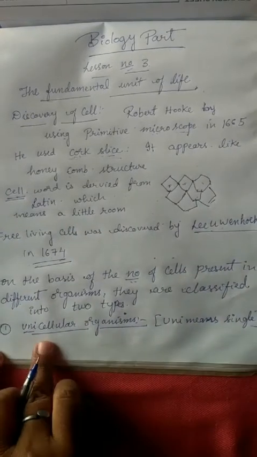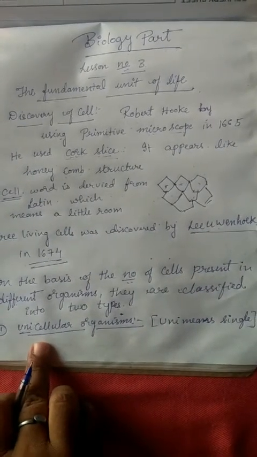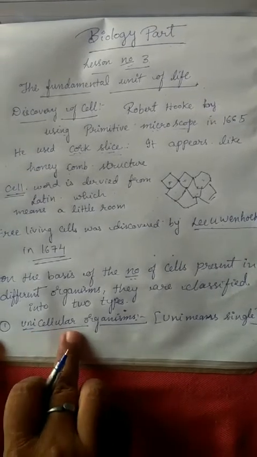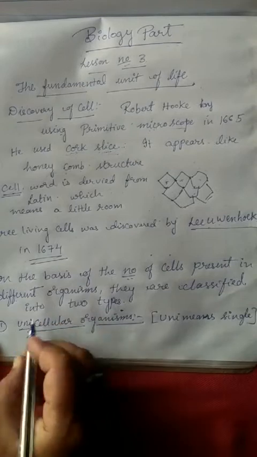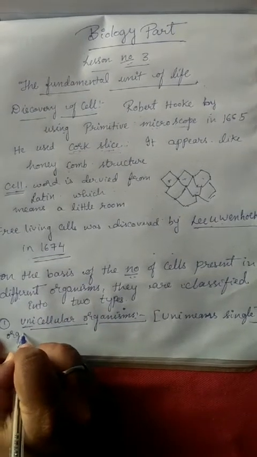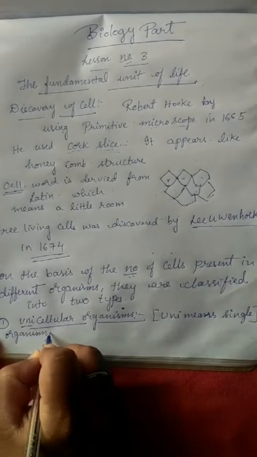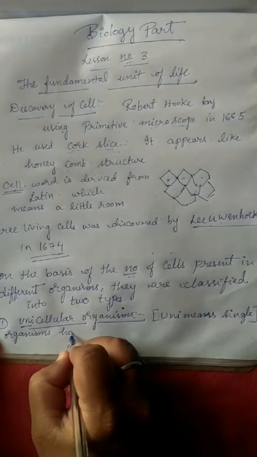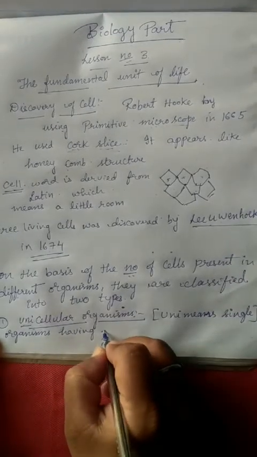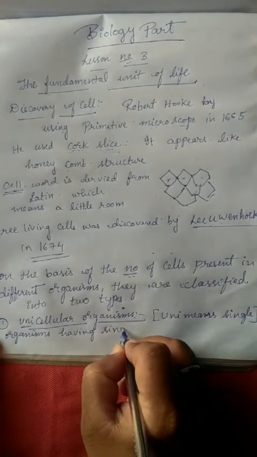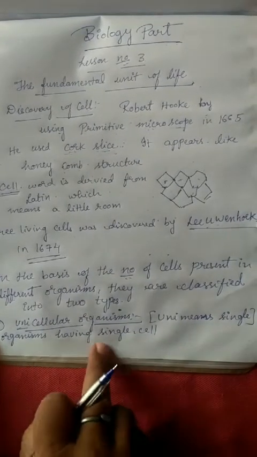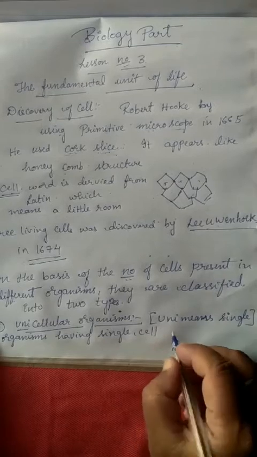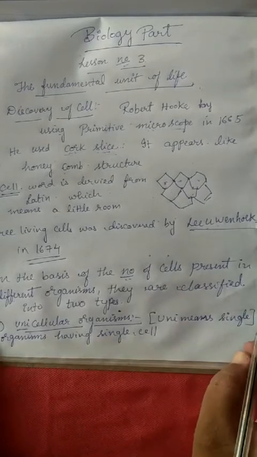Organisms having a single cell, or organisms made up of a single cell, are called unicellular organisms.